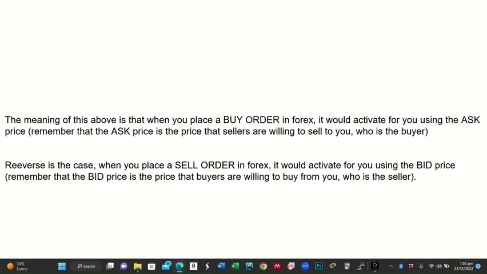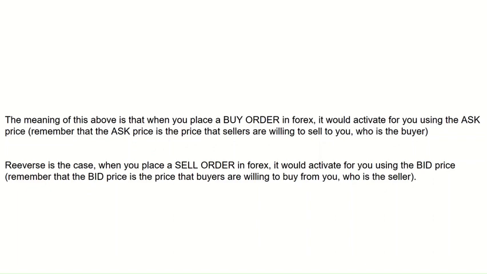I told you your broker is the one that gives you access to the financial market. So if you are placing a buy order, it means you are the buyer. The order will be activated for you using the ask price because the brokers are the ones selling to you. So they will activate it for you using the ask price, which is their own selling price.